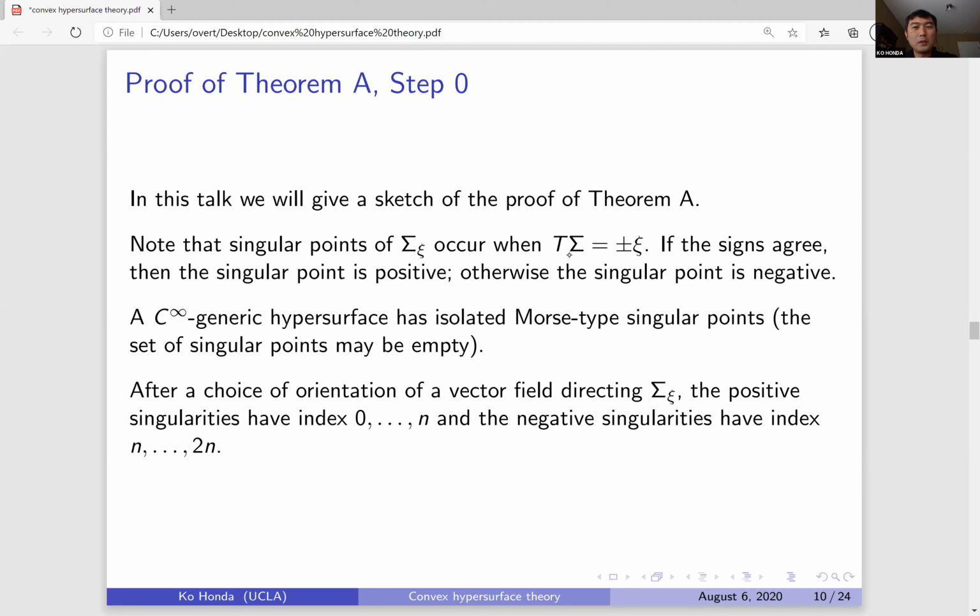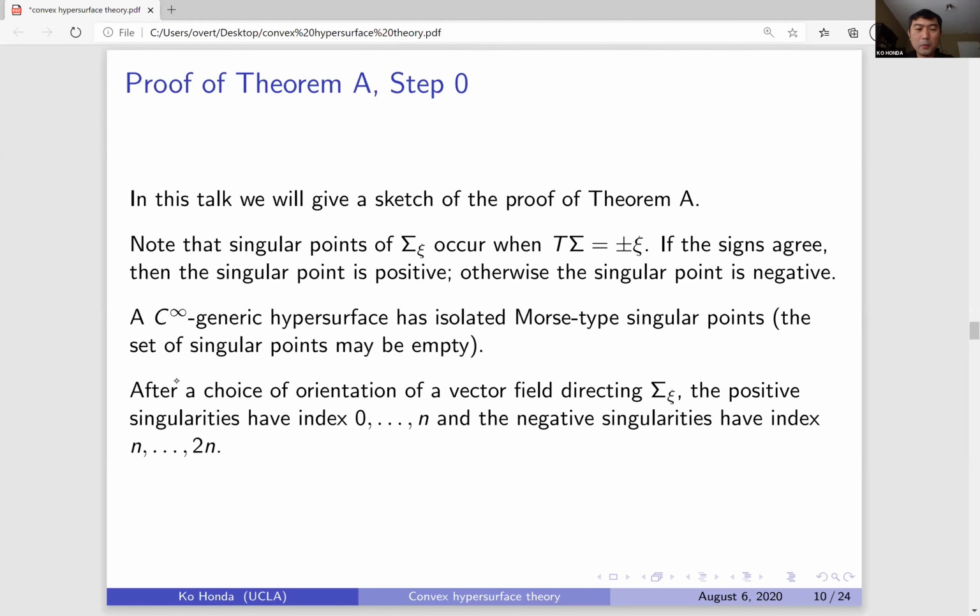So it happens when T sigma is equal to plus or minus C. And if the signs agree, then we say that the singular point is positive, and otherwise the singular point is negative. Okay. A C infinity generic hypersurface has isolated Morse type singular points.